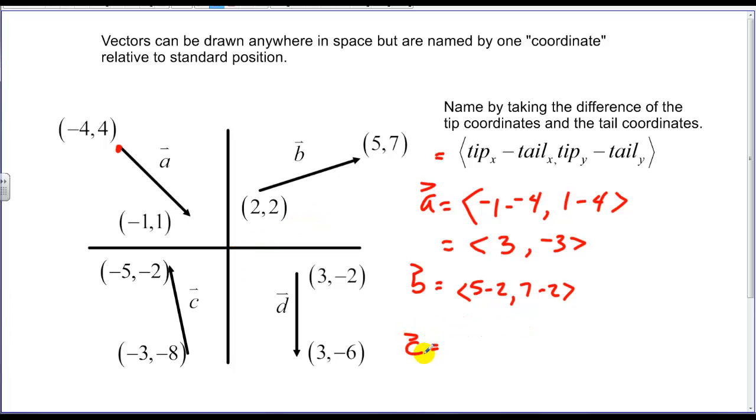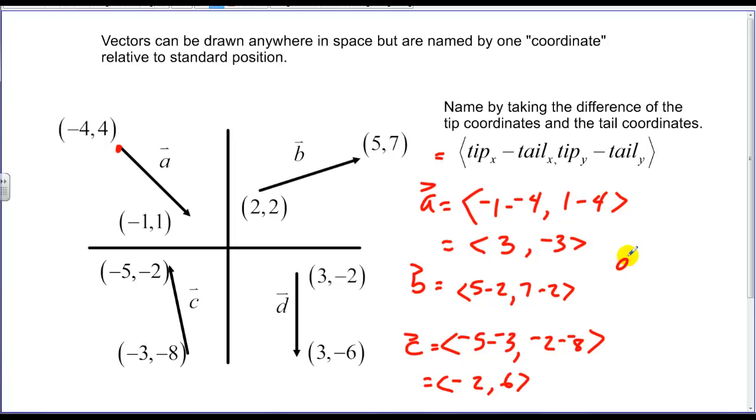Vector C is given by the tip minus tail method again, so I have negative 5 minus negative 3 and negative 2 minus negative 8. This yields negative 2 and 6, and if I look at where negative 2, 6 would be, it's pointing somewhere out into that second quadrant area, which is roughly what that vector is doing there.